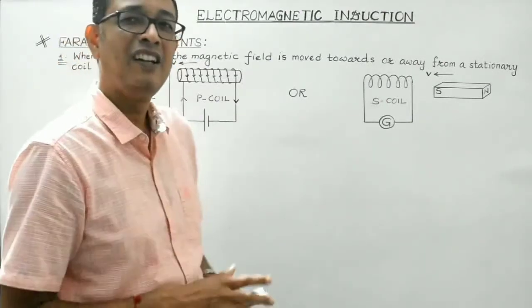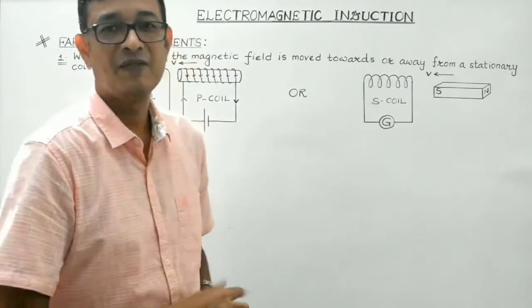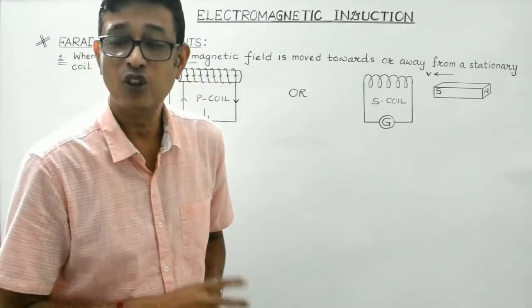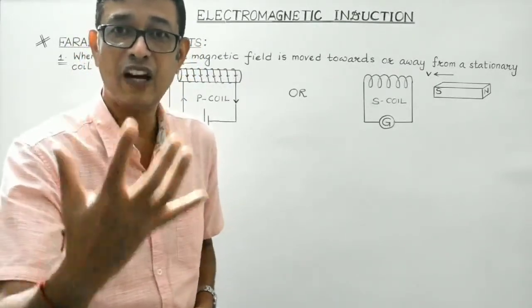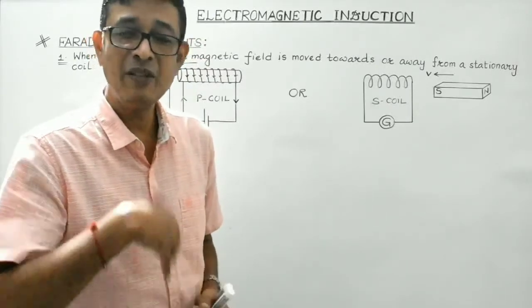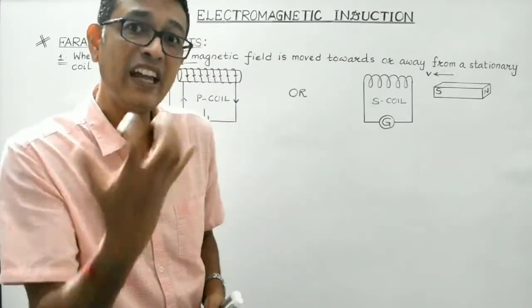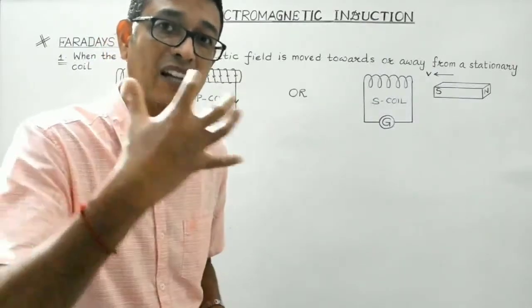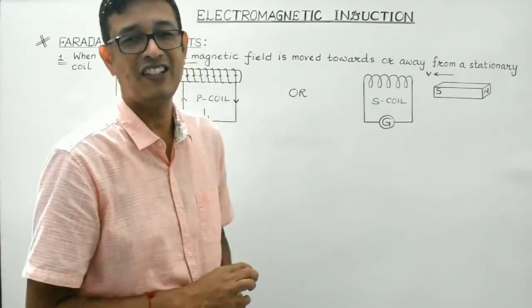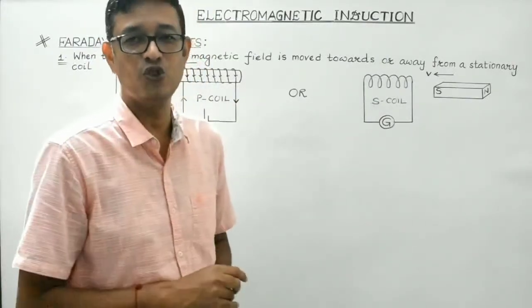So basically, the magnitude of the induced current is not only dependent on the change in the flux or change in the magnetic field, it depends upon the rate at which the magnetic field or the magnetic flux linked to the coil changes. So that's a very important conclusion.